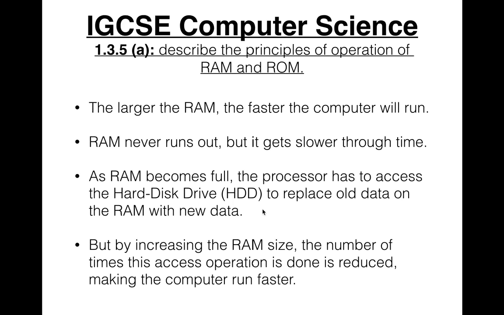So when the primary memory, the RAM, gets full, the processor can't keep adding data to the full RAM. It's going to have to replace old data with new data, so it has to access the hard disk drive on the computer to do that.